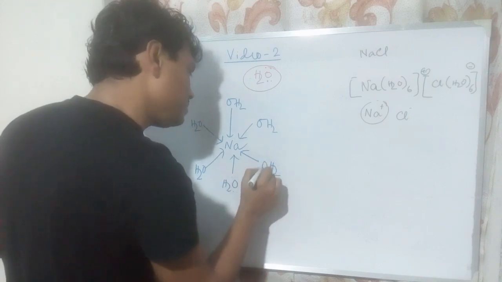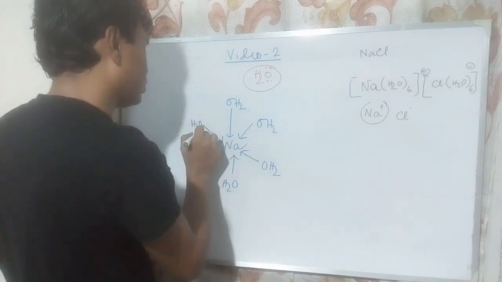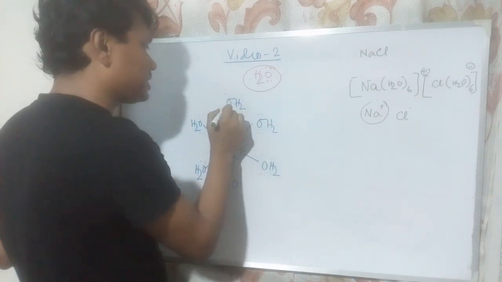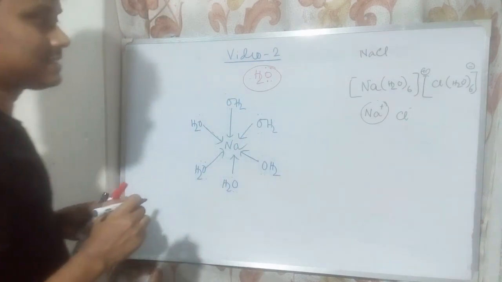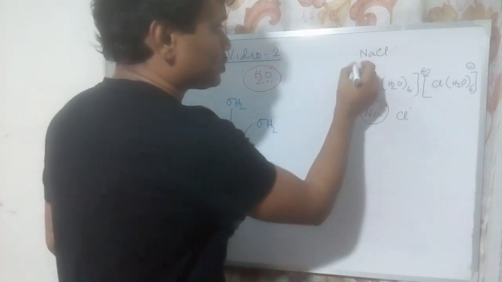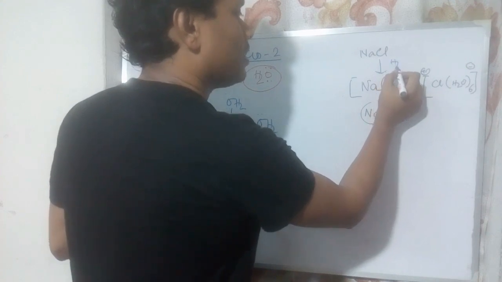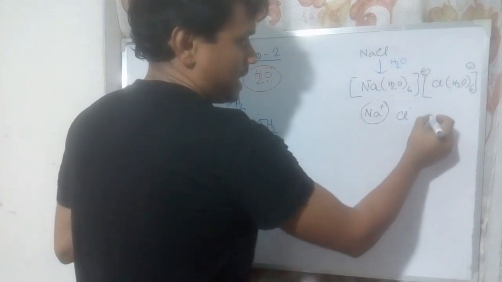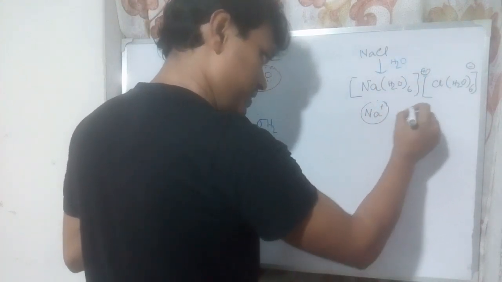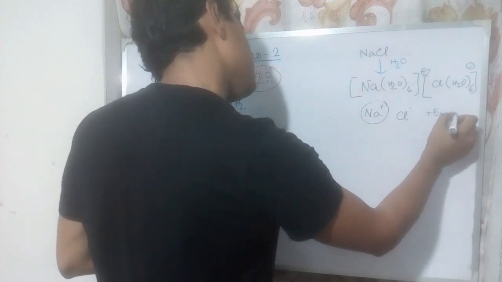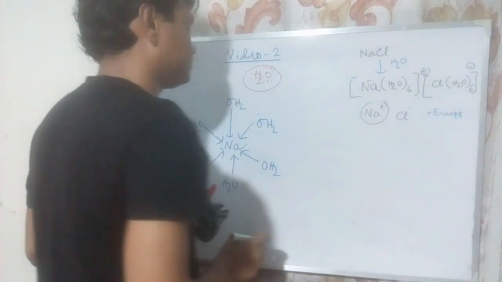formation is the main reason for solvation of sodium chloride, and this formation releases energy, such that the overall process from sodium chloride to the complex has a negative delta G, meaning energy is released. That's why this process goes on spontaneously.